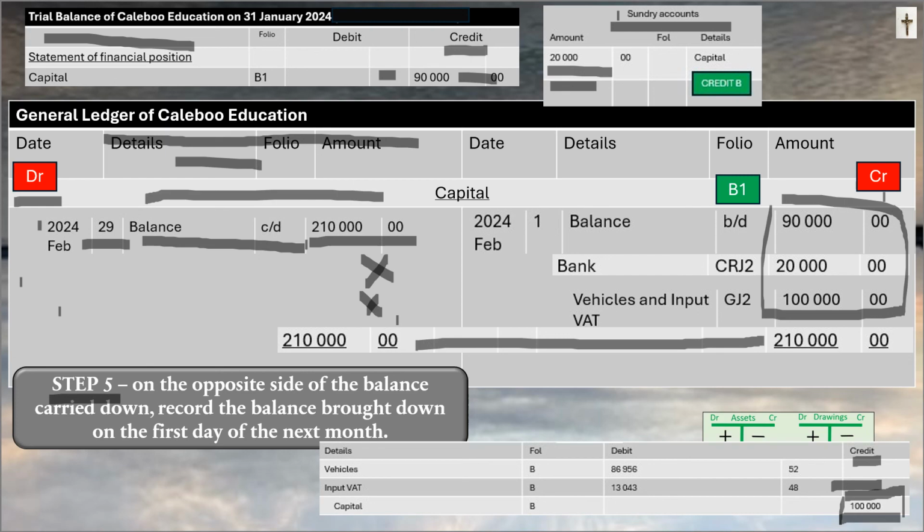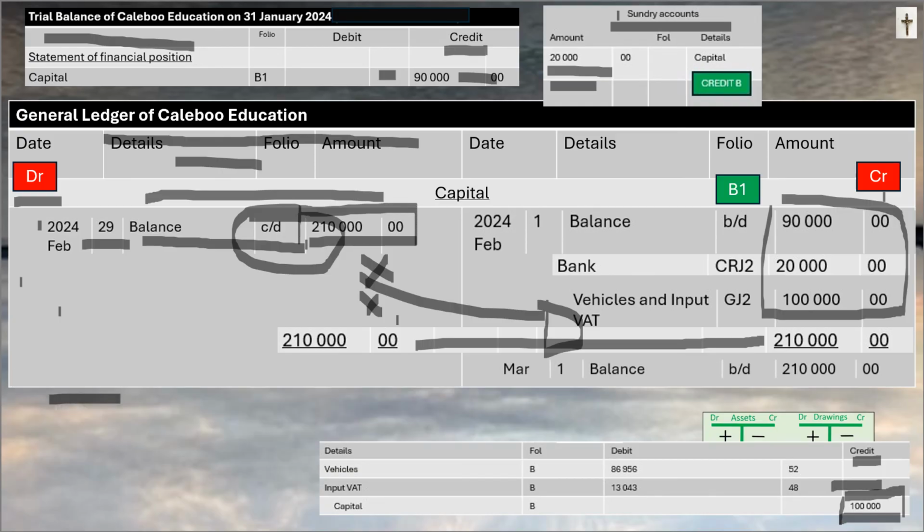Step 5, on the opposite side of carried down, on the first day of the next month, bring the balance down. It's the balance brought down, and it is the same amount as carried down. And there it is. March the 1st, the balance brought down is 210,000.